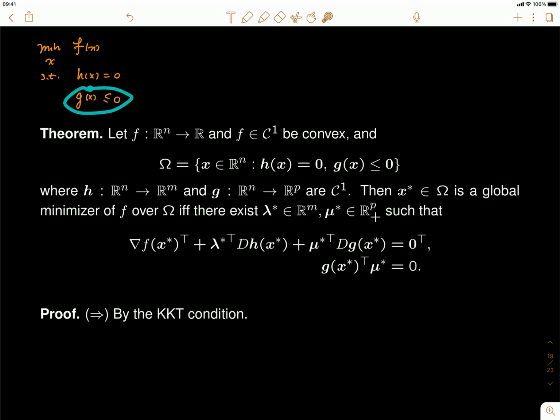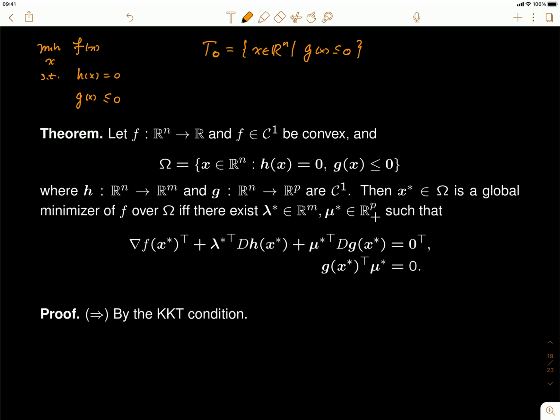So this one here defines the sublevel set of the function g at c equals 0. Recall that we define the sublevel set of g to be the set of points where g(x) is less than or equal to 0. So this is a convex set. If g is convex, then this is a convex set.